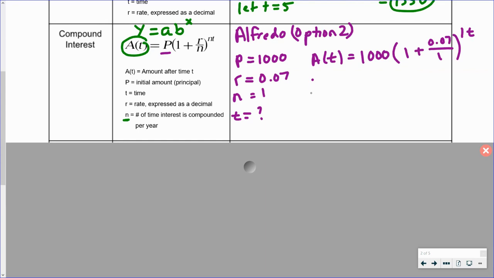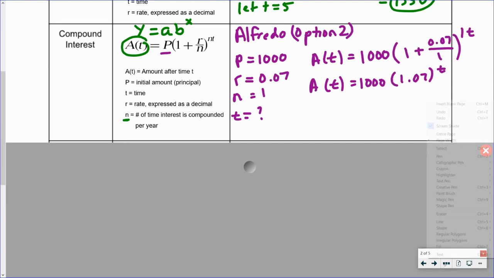So this simplifies down to a of t equals 1,000 times 1.07 raised to the t power. So as I had mentioned before, this really looks an awful lot like y equals a times b to the x power.